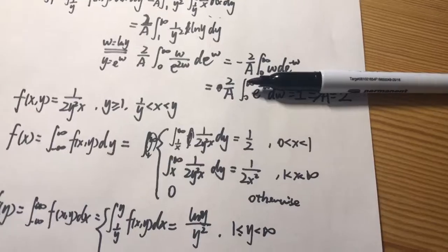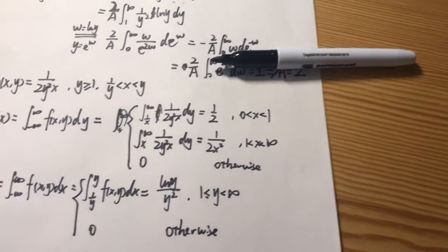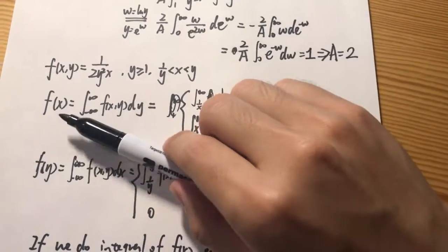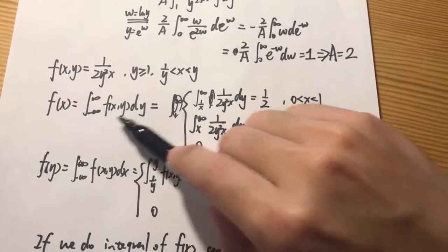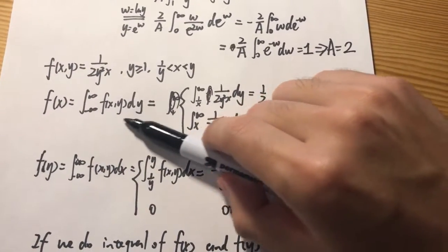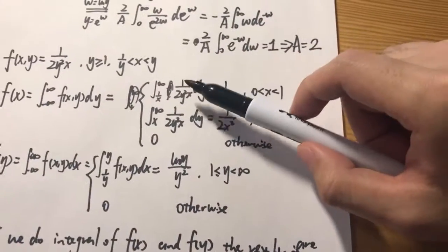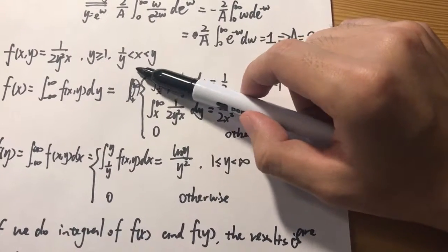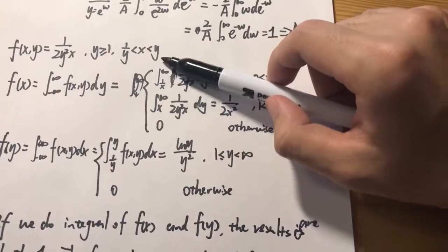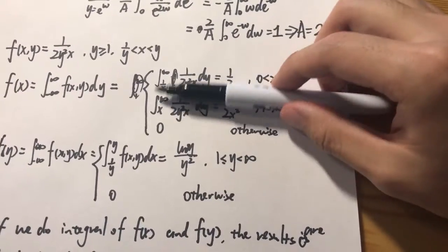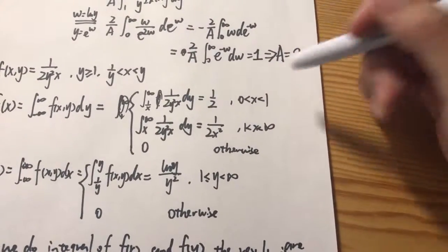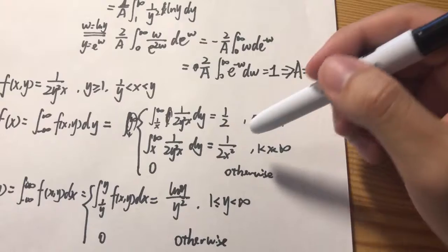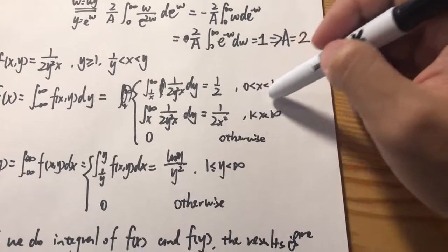Now later we need to get the density functions of x and y. For f of x, we need to do the integral over y. We already know x must be between 1 over y and y, so there should be two different intervals here.